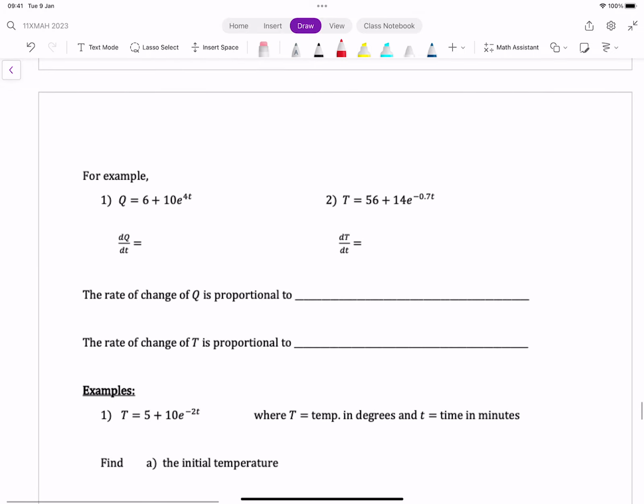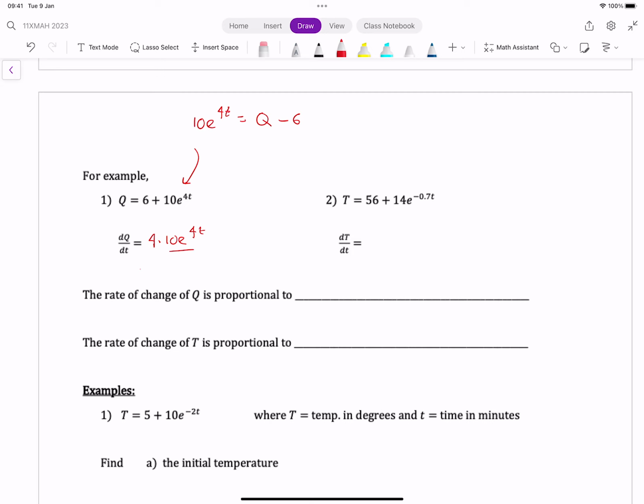Okay. So Q is equal to 6 plus 10e to the 4t. If we differentiate that, we get 4 times 10e to the 4t. But if we rearrange that equation for 10e to the 4t, we get 10e to the 4t equals Q minus 6.